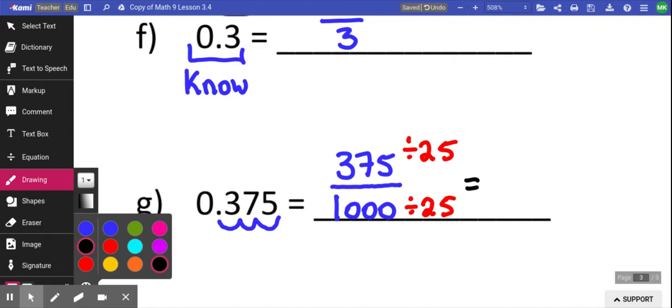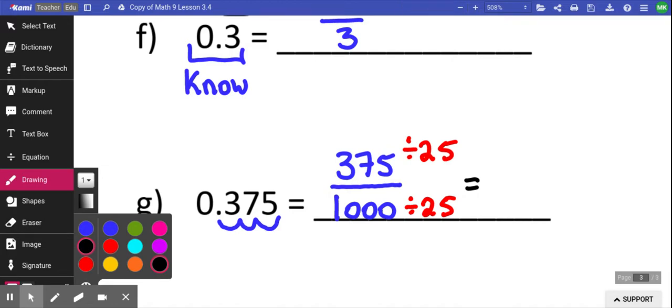To reduce 375 by 25, you just need to count by 25s. 25, 50, 75, 100, 125, 150, 175, 200, 225, 250, 275, 300, 325, 350, 375. It's 15.